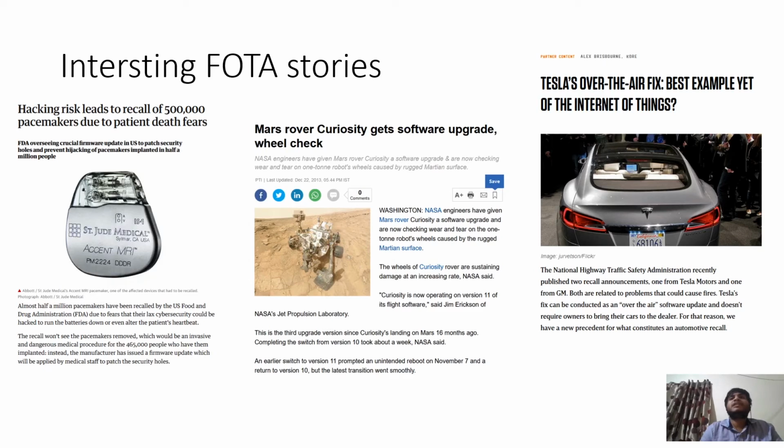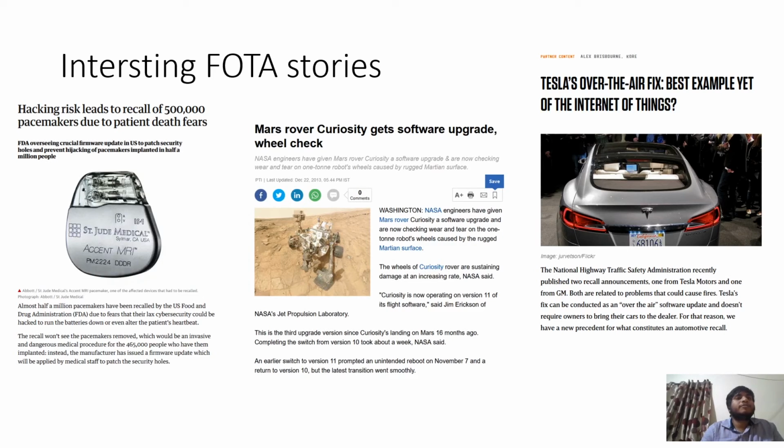And nowadays we see our Tesla cars get such fast updates, and with simple updates you could go extra miles. Those are very interesting for an embedded firmware engineer to look at, how things are updating their firmware. Another thing I found interesting was a firmware update in a pacemaker.